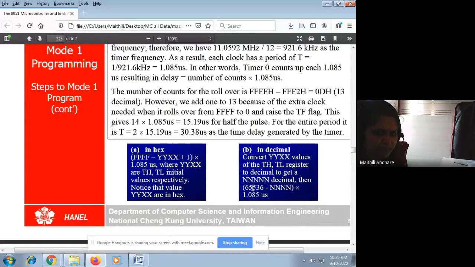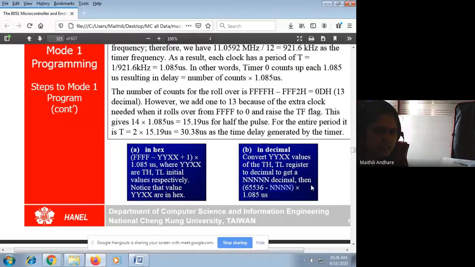See, 65536 is the decimal value; actually this becomes 65535, but in the formula itself they have taken 65536. As they are hex numbers, we have to add 1 in that. So 65536 minus n, where n is nothing but your initial value loaded in the timer register, into 1.085 microsecond.